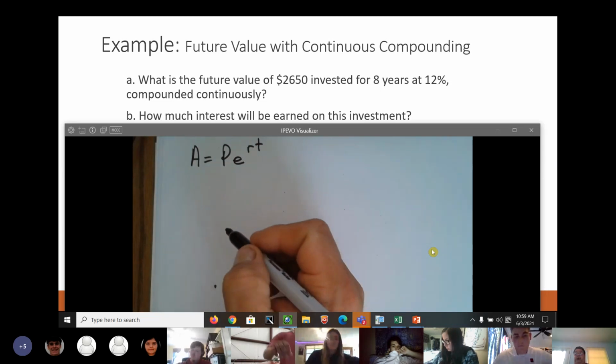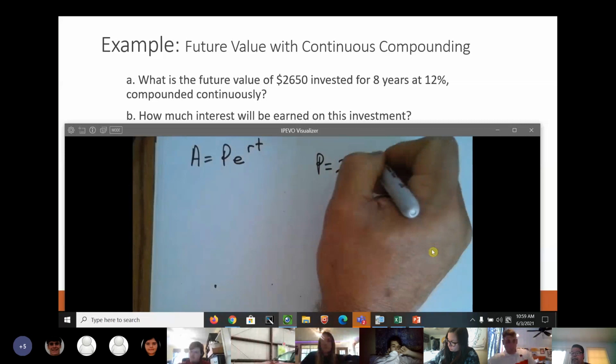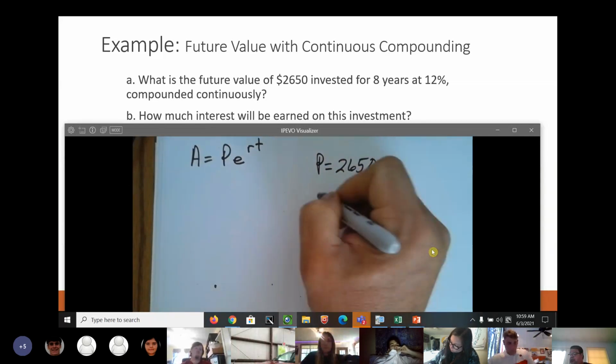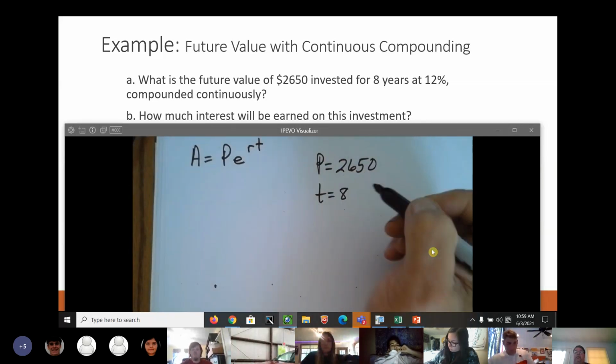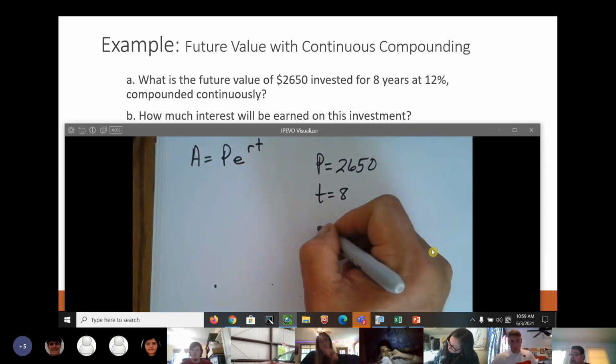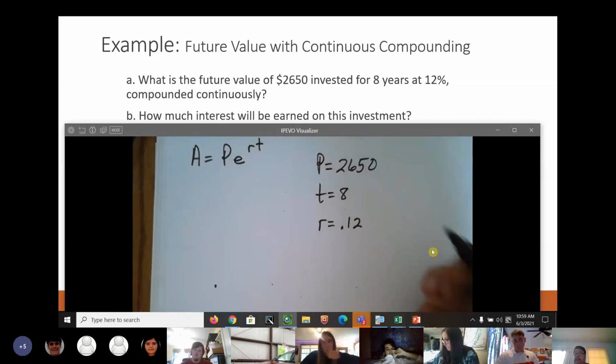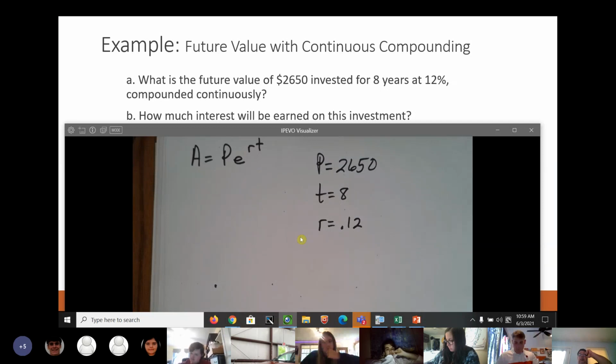What is the future value of P is equal to 2650, 8 years, T is equal to 8, 12%, good gracious, and R is equal to 0.12. All right, type it in. Give us an answer. Round it to the nearest hundred. Take your handy dandy calculator.